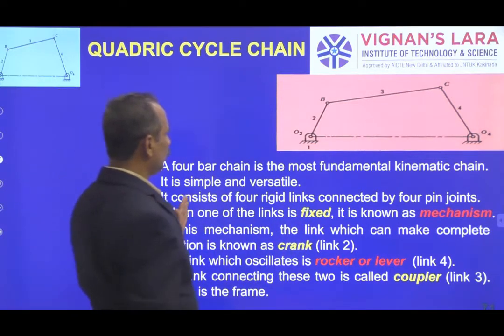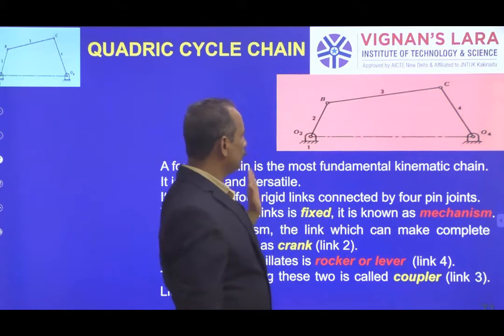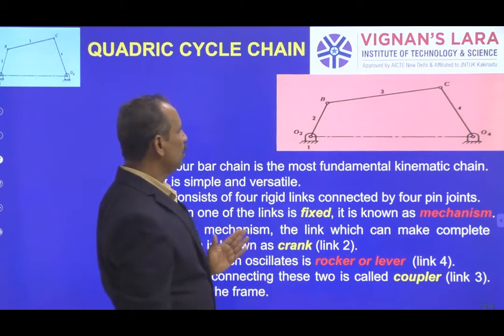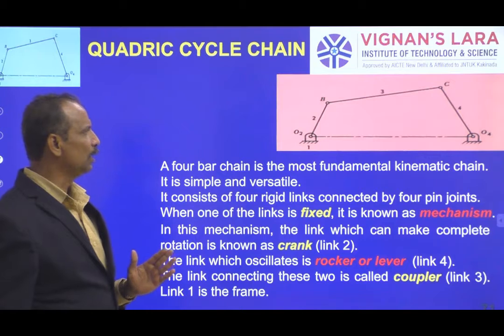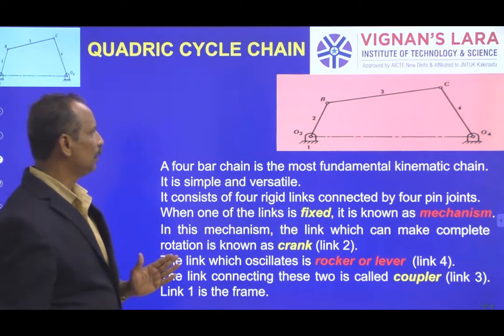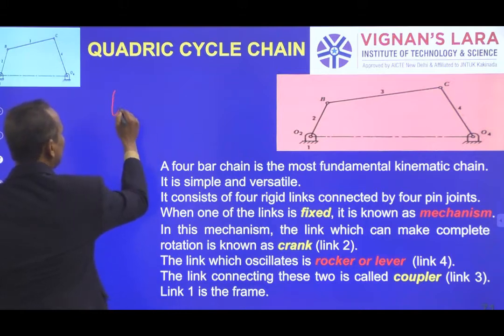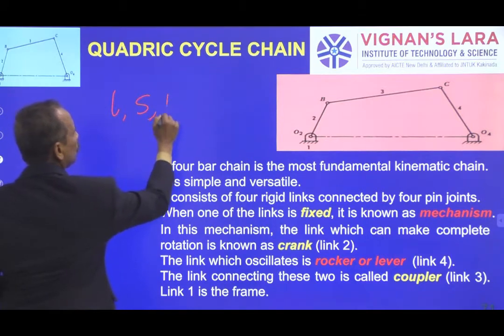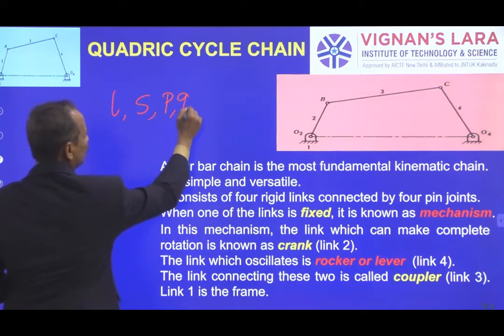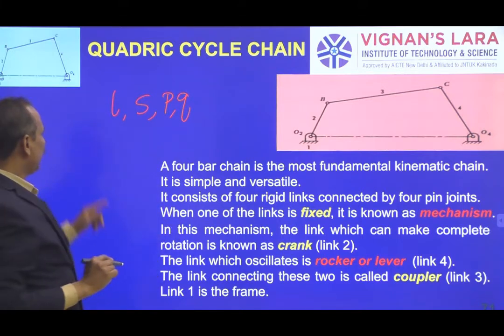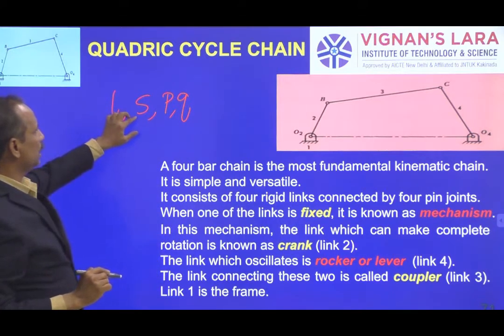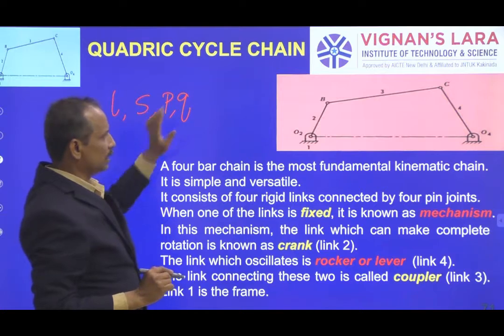If you look at this, the present diagram shows fixing link 1, which is the largest link. As I said, L, S, P, Q are the terminology we are using, for the largest link, shortest link and 2 other links.